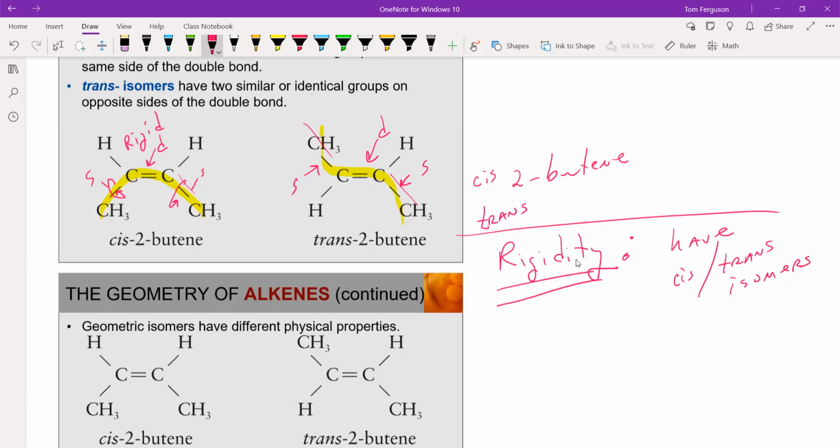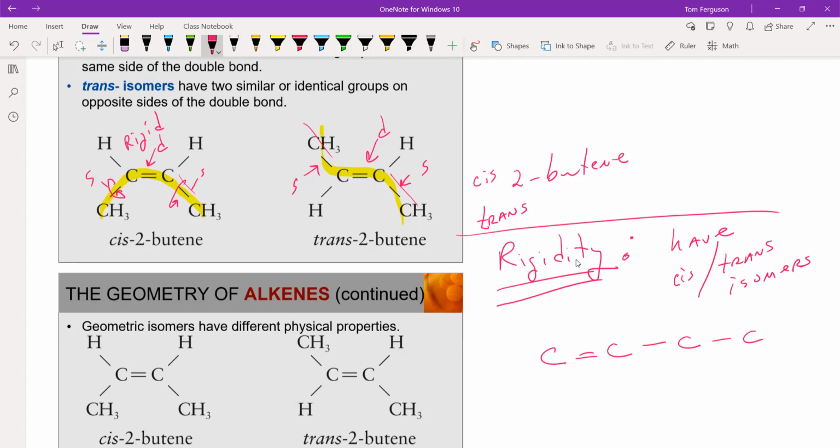Okay, so let me give you an example. So we have a double bonded CC and then single bonds. Okay, we have rigidity here, right? Because we have a double bond. But do we have cis trans isomers?